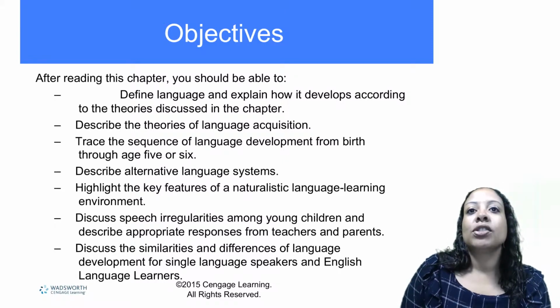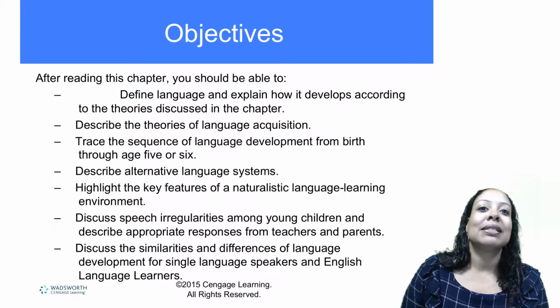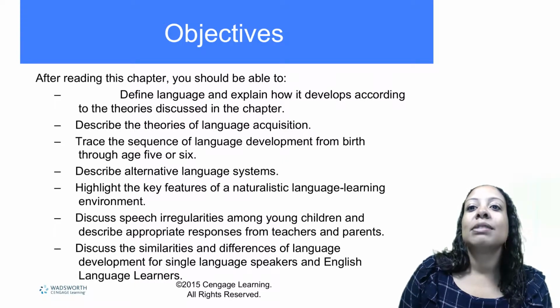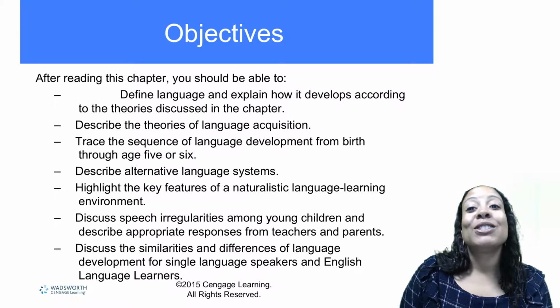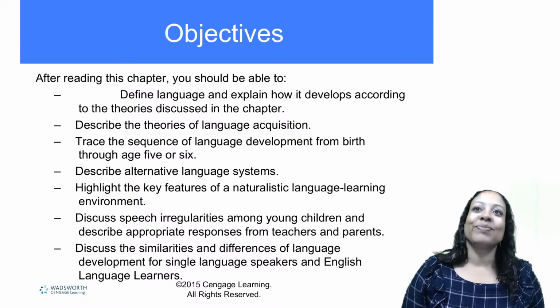Highlight the key features of a naturalistic language learning environment. Discuss speech irregularities among young children and describe appropriate responses from teachers and parents. And finally, discuss the similarities and differences of language development for single language speakers and English language learners.